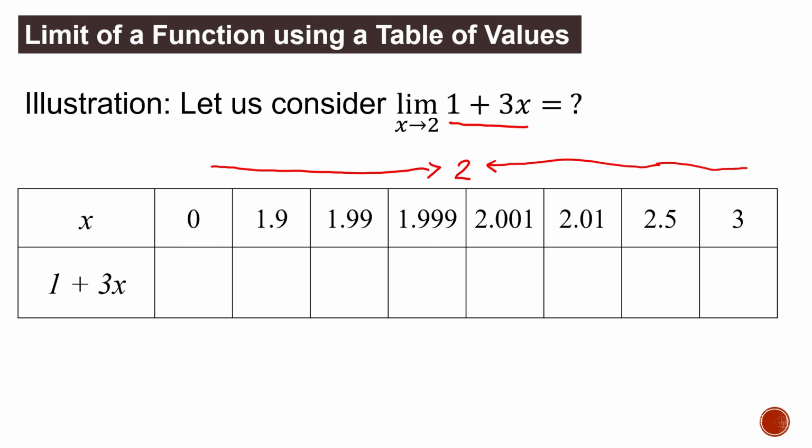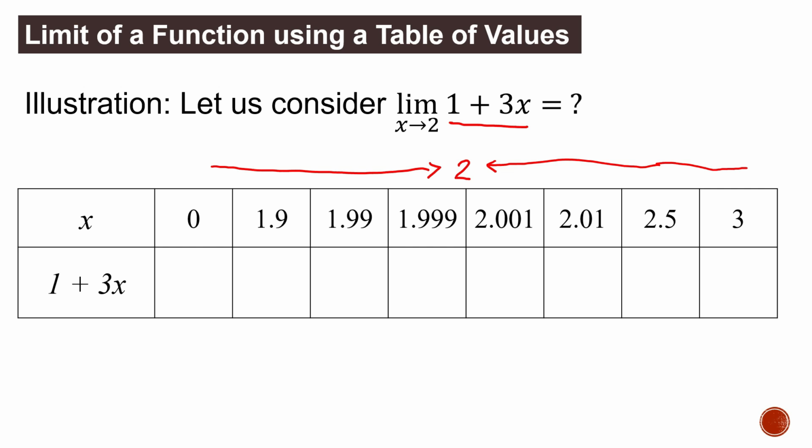What will be the function 1 plus 3x as x approaches 2? Okay, so if you have a calculator, you can do the computation, substitute 0 to x, 1.9, etc. You can pause the video if you want.